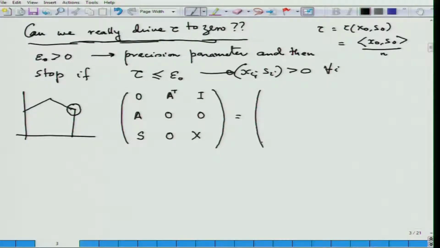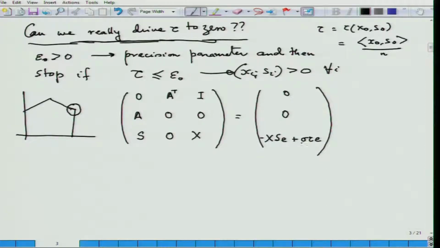So, what you do, you put in a centering parameter. Basically, instead of putting mu e in the equations, what you will have is x s e equal to sigma tau.